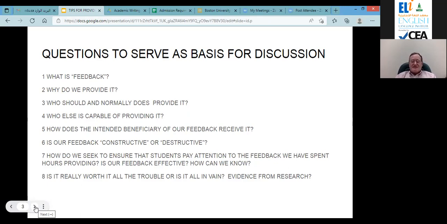Many of them will say the teacher's not doing his job. So not only does the university require us to do it, the students really expect us to do it. They really do.